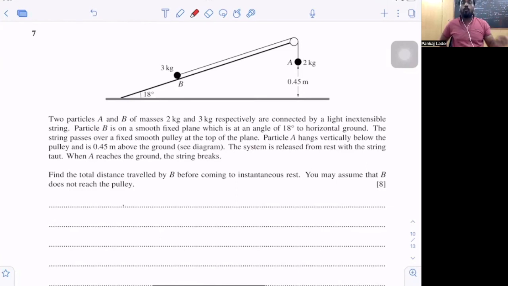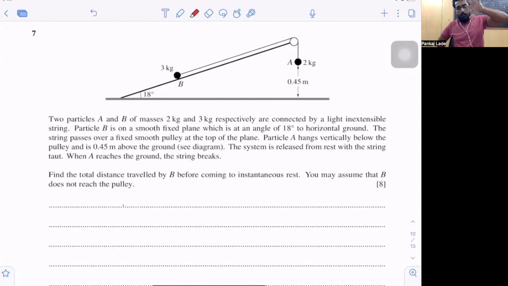From there, I want to discuss what happens to the particle B, how far it can go without the support of A. Then it will come to rest for an instant, and then start coming back again. It is also mentioned that you may assume that B does not reach the pulley. So even though B is going to go up the plane, it will not reach the pulley.